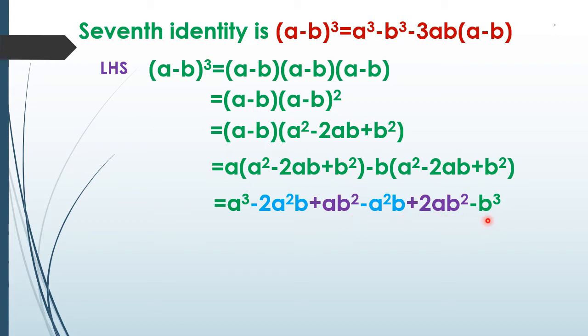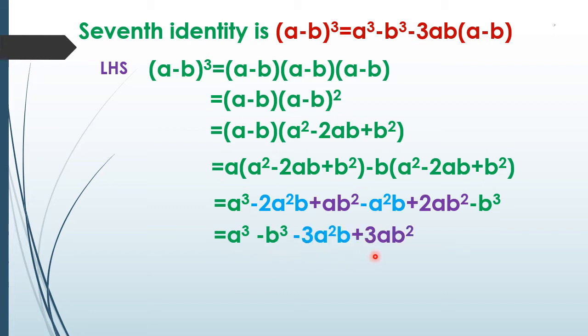minus b cube. We can add the like terms, that is minus 2a square b minus a square b becomes minus 3a square b, and plus 2ab square plus ab square becomes 3ab square. That is a cube minus b cube minus 3a square b plus 3ab square.